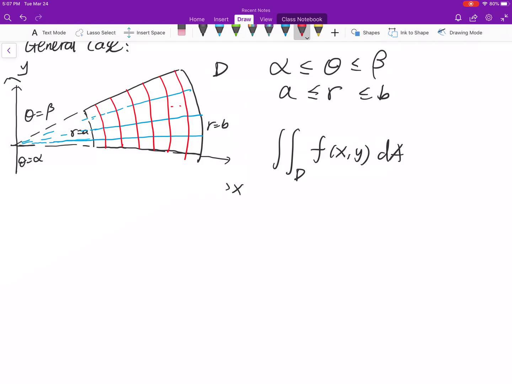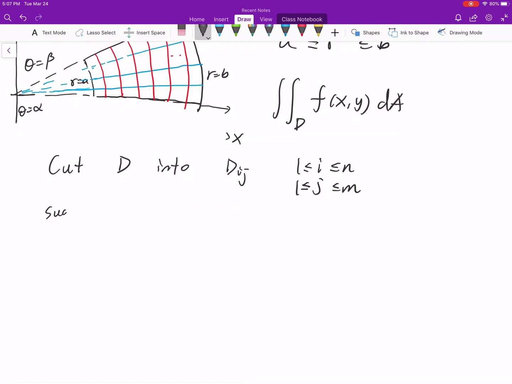So numerically we have the following cutting: cut D into Dij, where i is from 1 to n and j is from 1 to m, such that Dij is defined by the region where theta is between theta i and theta i plus 1, and R is between Rj and Rj plus 1.